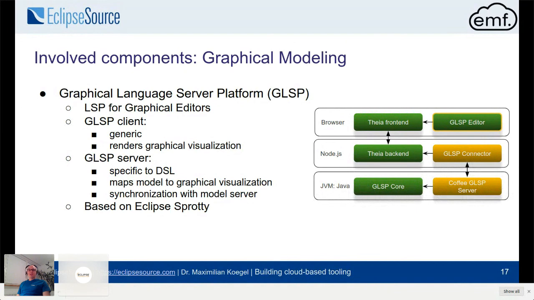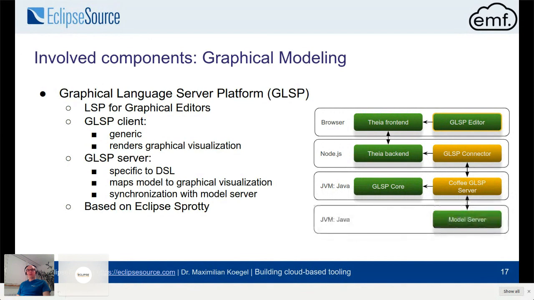And the GLSP server is now a custom component. It relies on the GLSP core, but essentially it's custom implemented. It runs in its own JVM in this case. And the GLSP server connects via REST API and sockets to the model server to subscribe for updates, load the model, and send commands so that other editors can also synchronize on the same state.